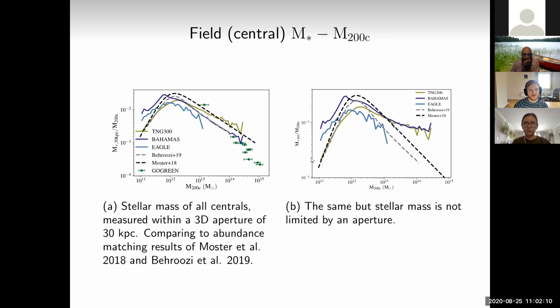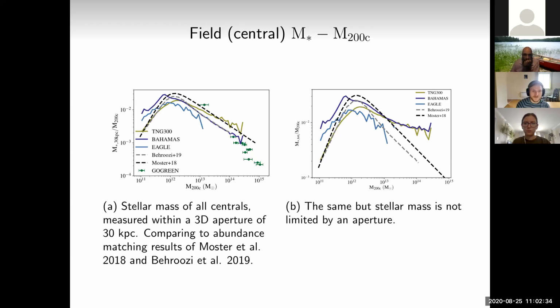And the difference between them, what you can see is that the low mass regime is not affected all that much, but there's a deviation at the high mass end where those particles are simply cut out of this plot. So that's something to bear in mind, and in other plots I stick to using the 30 kiloparsec stellar mass.